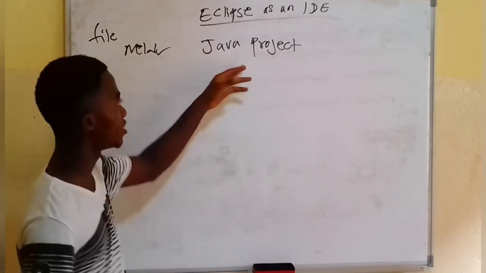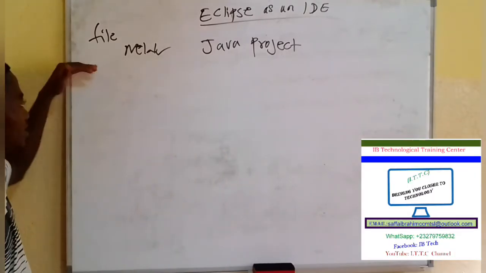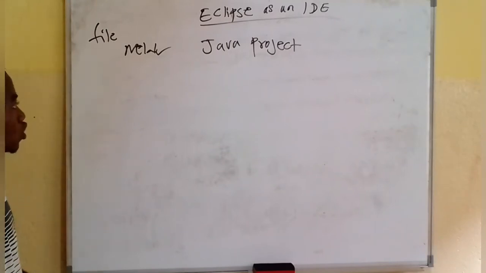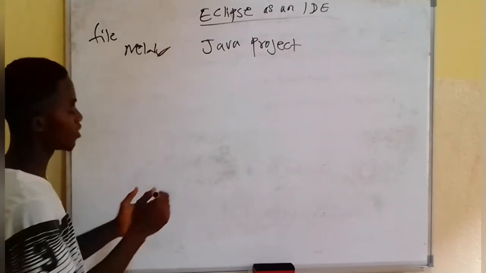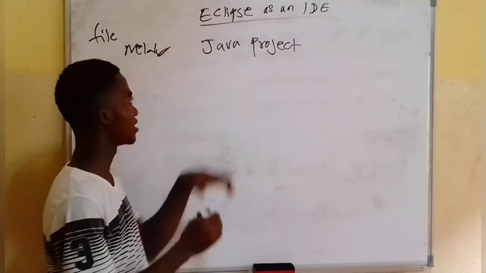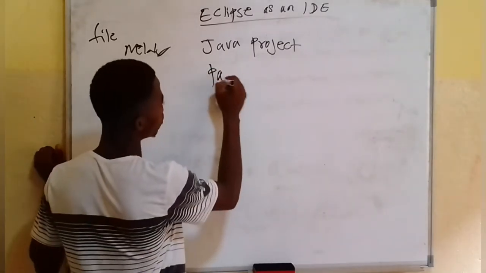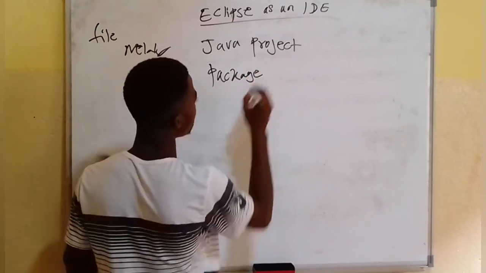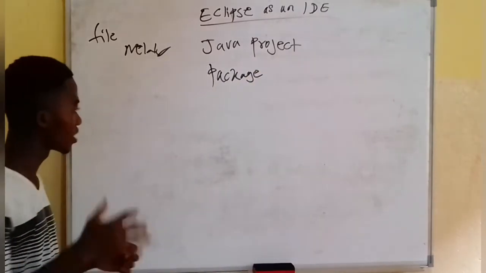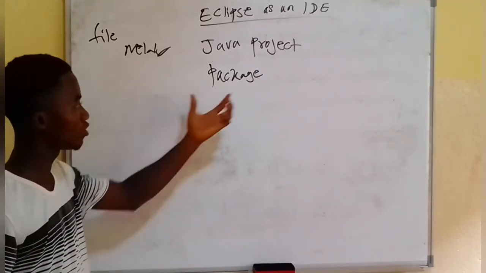After you have saved your project, you will see the environment at the right corner here. You click on this area, then you go to New again. This time you are not clicking on Java Project; you are going to click on Package.